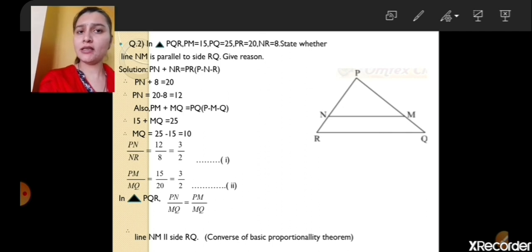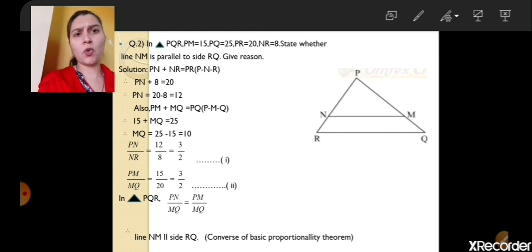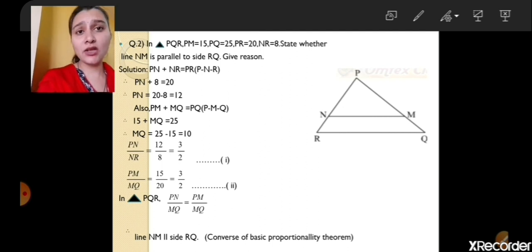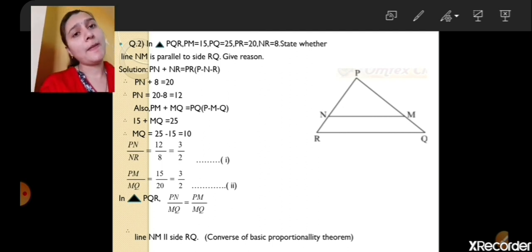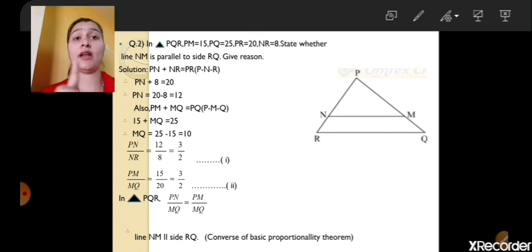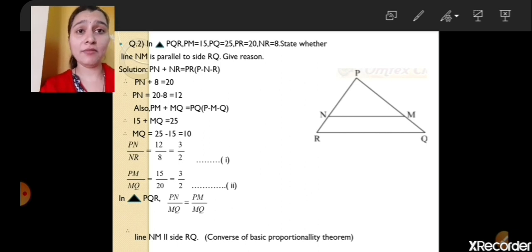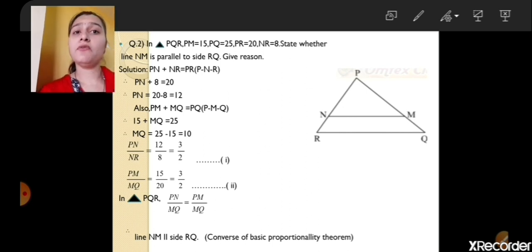Final answer is 3 upon 2. When you look at equation 1 and 2, you can see 3 upon 2, 3 upon 2. Both are equal. So I can say as the ratios are equal, the line is parallel. Therefore, at last I will highlight my answer and write because of converse of BPT.